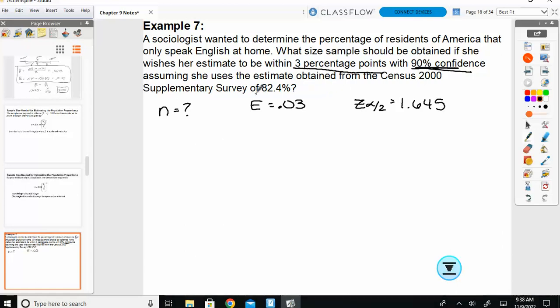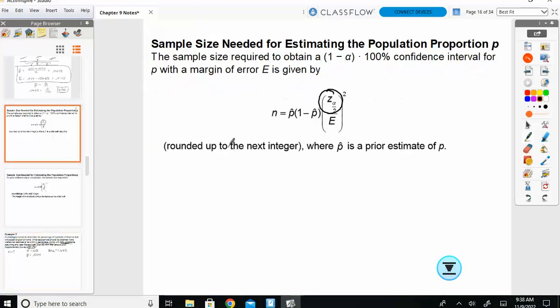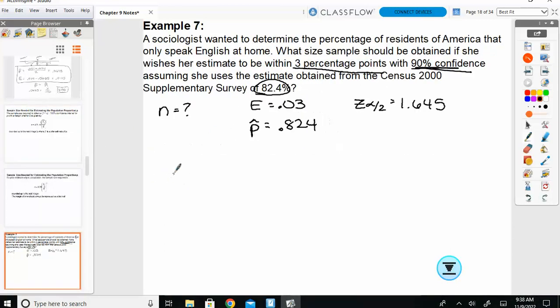Assuming she uses an estimate from the census in 2000 that had 82.4%. So she is going to use this p-hat, 0.824. And then we have to figure out how many people she needs in her study today. So we just use the formula. Since we have a p-hat, we're using the first one.